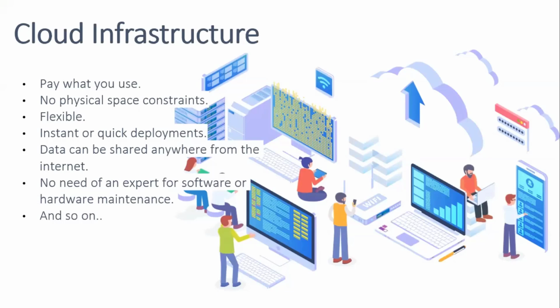Whereas in cloud infrastructure, we pay only for what we have used. For example, if I have a server with 8 GB of RAM and 500 GB of hard disk, and only 2 GB of RAM and 100 GB of hard disk is utilized, we pay only for what we have used and only for the uptime of the server.